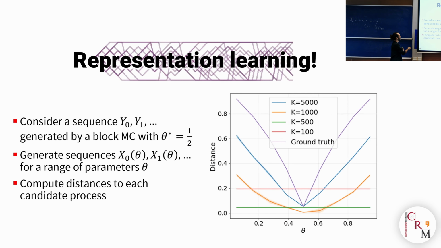Sorry, we generated a sequence Y 0 to infinity with a parameter 1/2, which is the bias of the random walk Xt. These were our observations, and we were trying to fit a process of Xt's to it based on samples in order to figure out what might have been the real theta that underlies these samples.